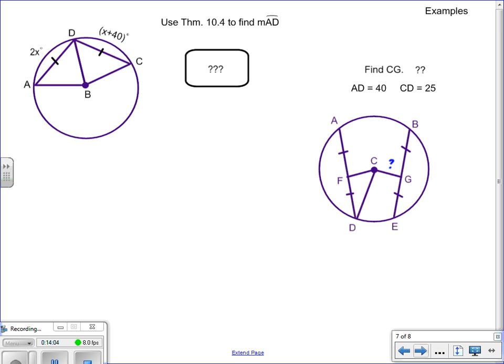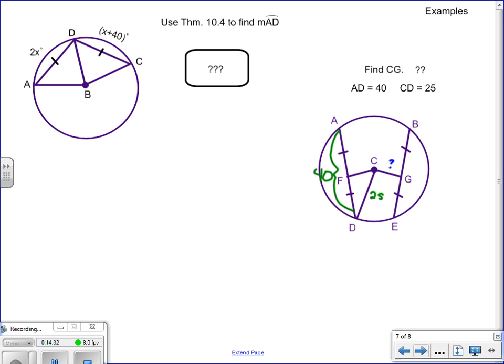In green, we know that AD, this whole thing, is 40, and CD, this little piece here, is 25. Essentially, I'm looking at how far away BE is from the center of the circle. That's what you're finding. That's that question mark.